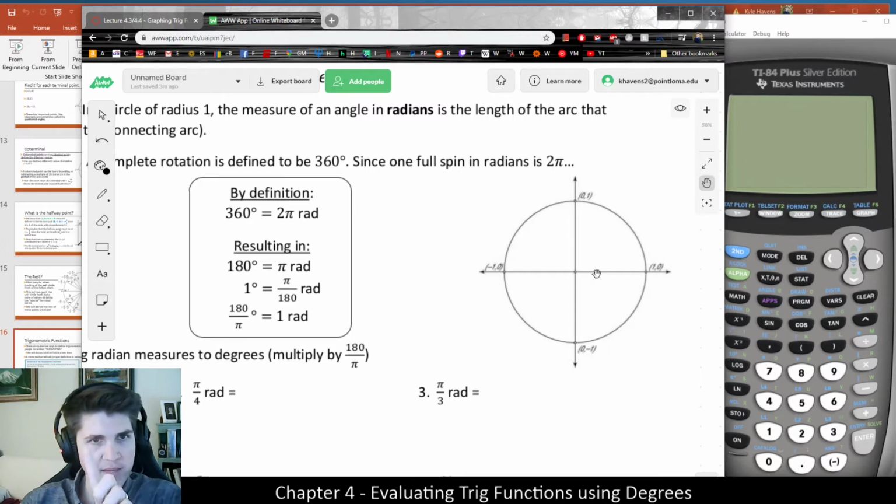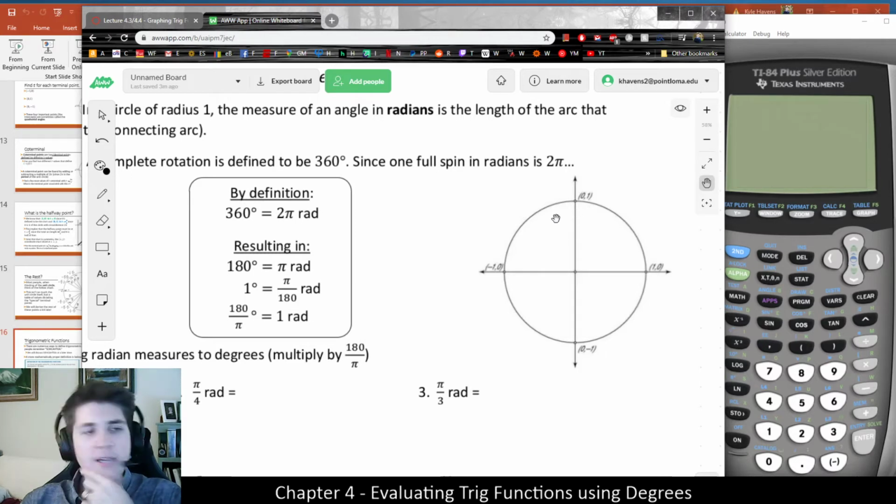Instead of the distance t, like we've been using to define trig functions, we now talk about the interior angle. Radians is the associated distance to the angle. Anyway, 2 pi is the full circumference, 360 degrees is a full spin, half a spin is 180, and a quarter of a spin, a right angle, is 90 degrees.